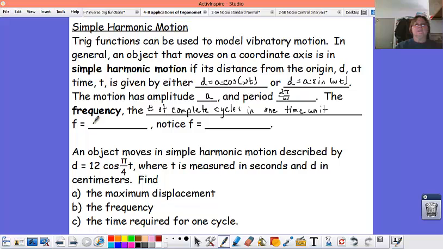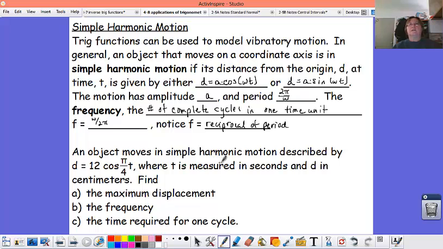A formula for the frequency is w over 2 pi, which you will notice right away is the reciprocal of the period. If you think about that, that kind of makes sense. The frequency is the number of complete cycles in one time unit, whereas the period is the time required to complete one full cycle, reciprocals of each other.